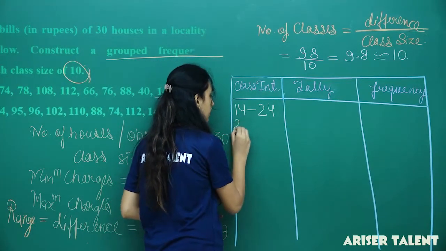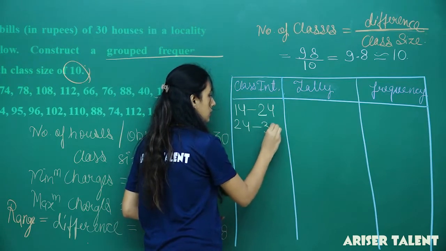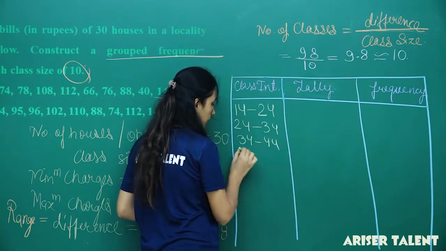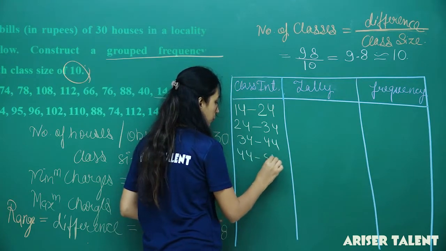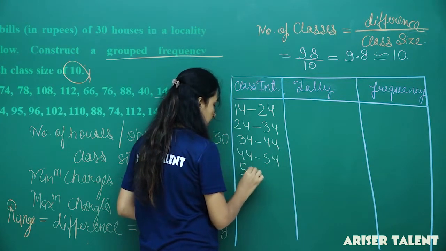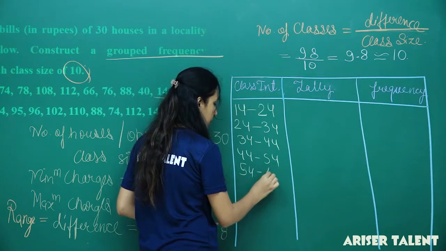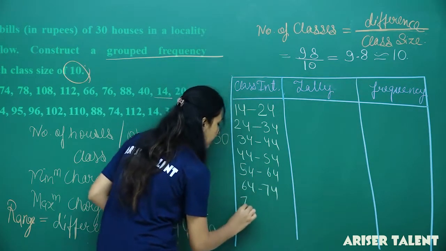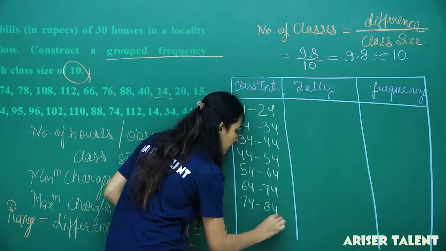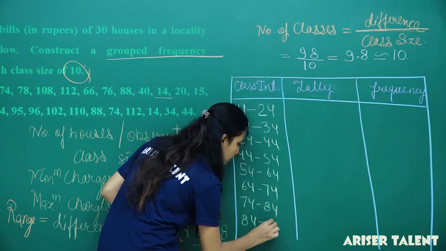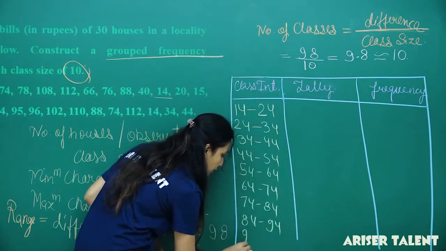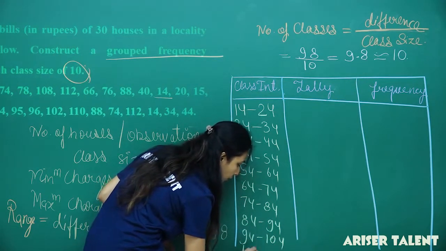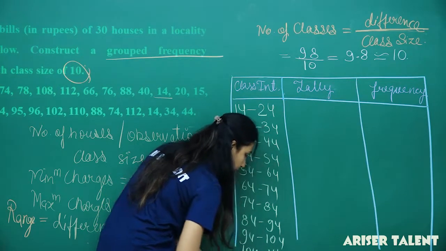The second will be 24 to 34, then 34 to 44, then 44 to 54, then 54 to 64, then 64 to 74, then 74 to 84, then 84 to 94, then 94 to 104 and then 104 to 114.